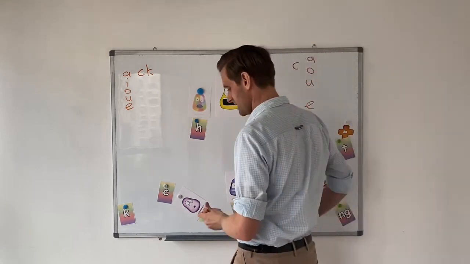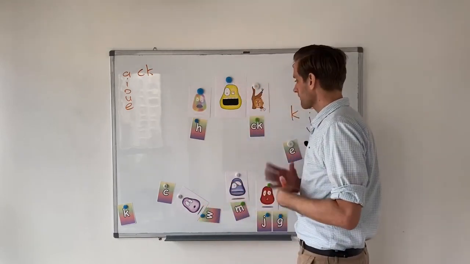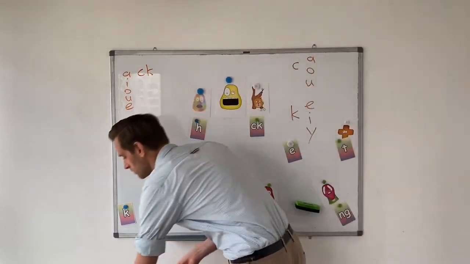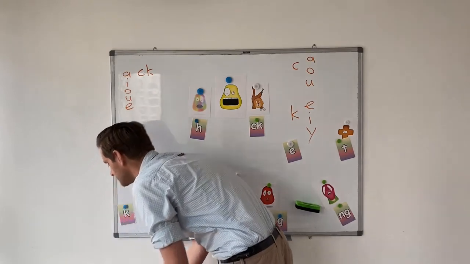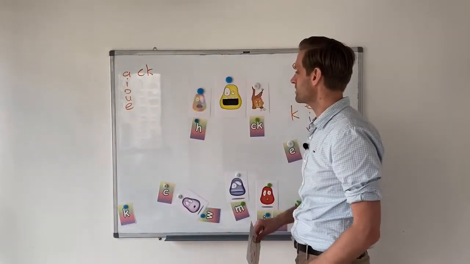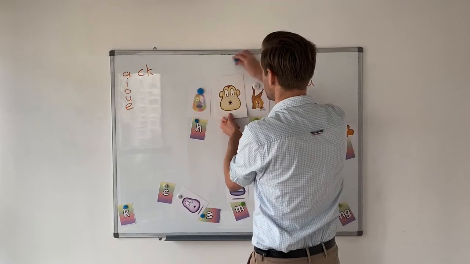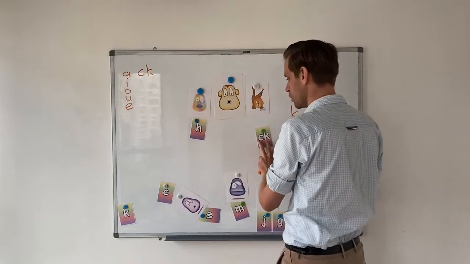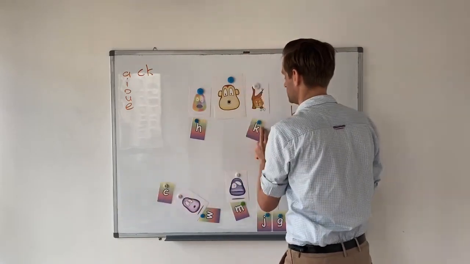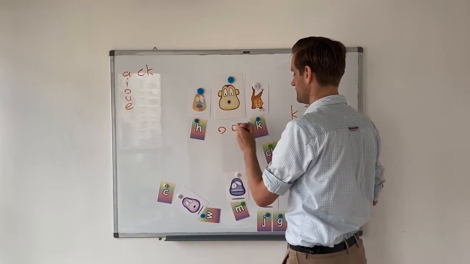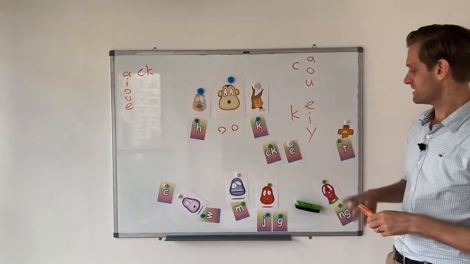But if it is going to be a long vowel or a complex vowel, or a digraph vowel, it is normally going to be a K. So if we had hook, we've got OO here, this is going to be the rule.